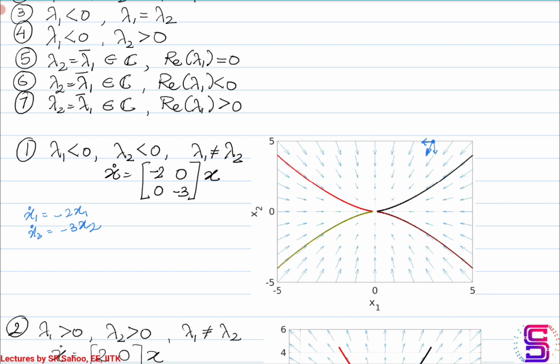At every point you will be able to plot this vector, and for this example the vector field is going to look like this.